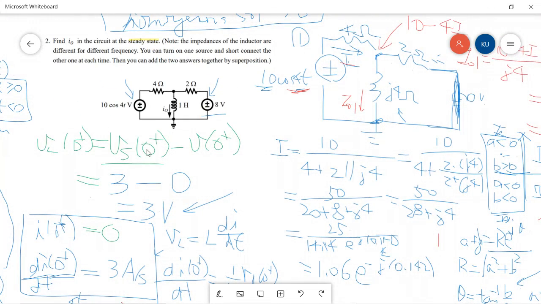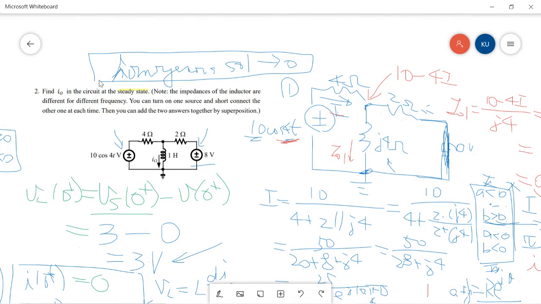Actually, you can also write a first order ODE in terms of I0 with the sources 8 volt and 10 cosine 40t volt, and then solve the ODE.